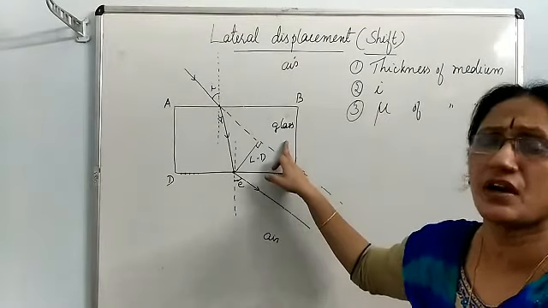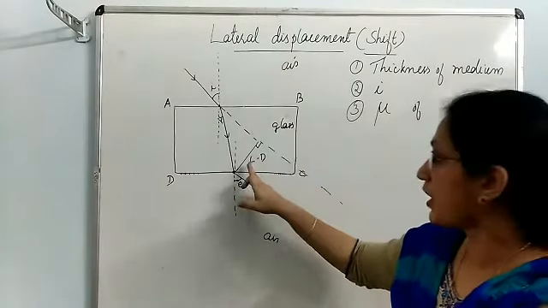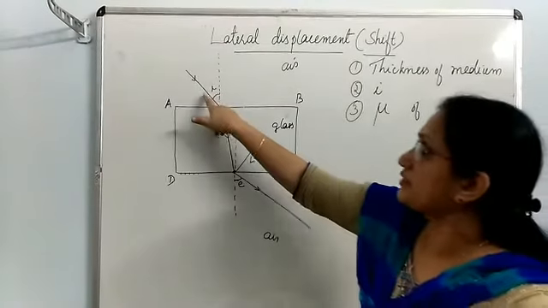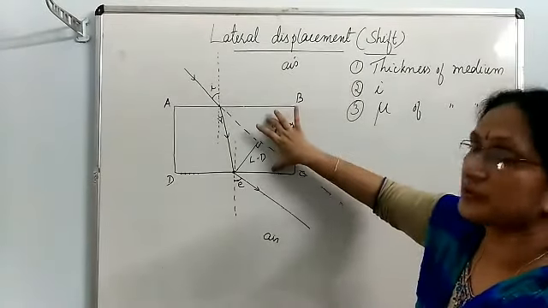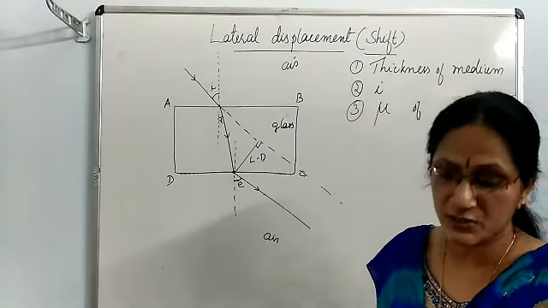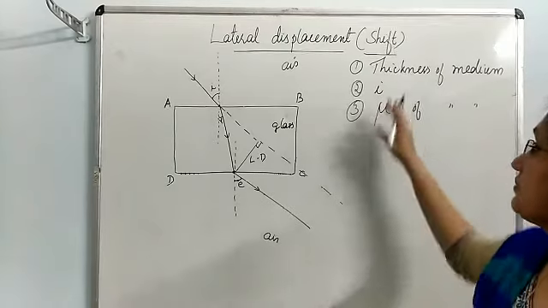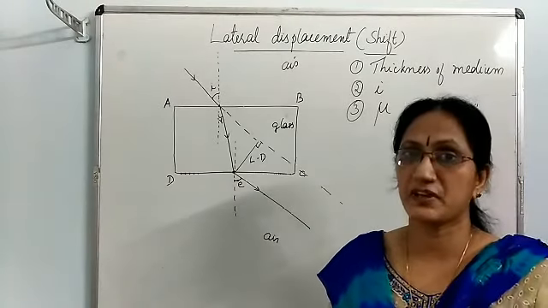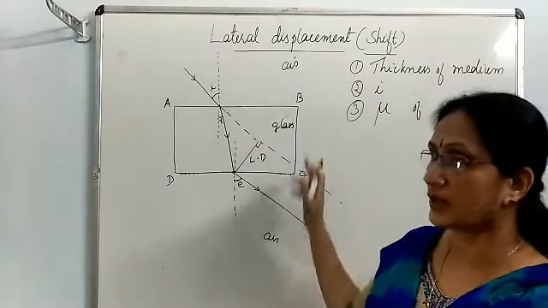Violet light gives a high refractive index, so the lateral displacement for it will be high. For red light, the refractive index of the glass block will be less, so the lateral displacement will be less. So these are the three factors that determine the lateral displacement happening in a rectangular glass slab.